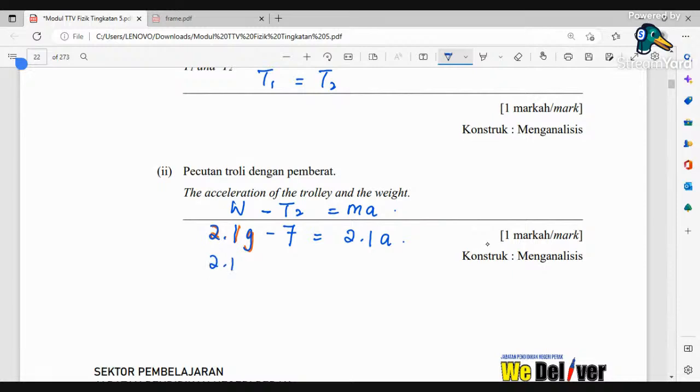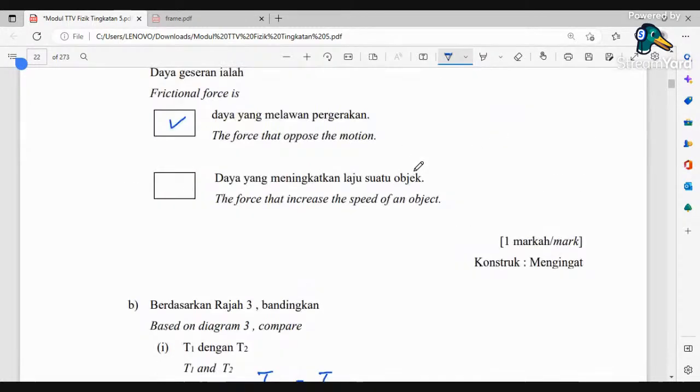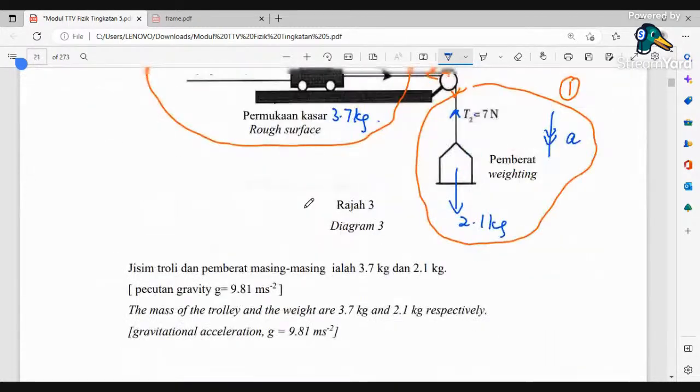So 2.1 times 9.81 minus 7 equals 2.1a. You calculate for a, you will get 6.48 meter second negative 2.